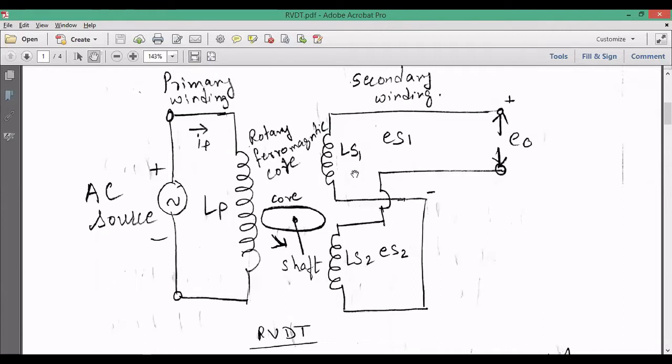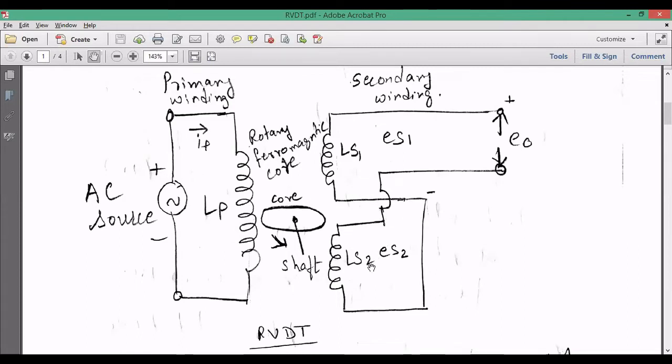So both secondary windings get the same flux. The flux generated by the primary is equally distributed among both. According to Faraday's law, both will produce induced EMF.